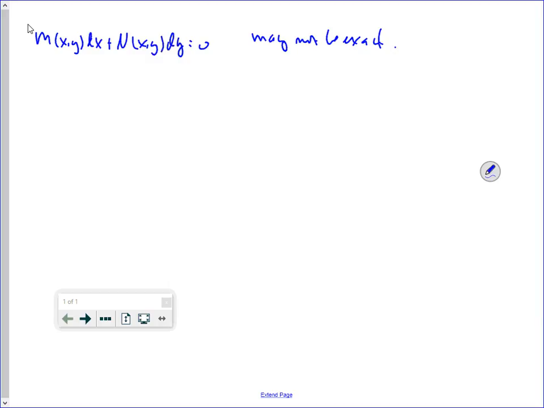But that doesn't mean that we're left in the lurch with no way to solve it. There may be an integrating factor, and we've already seen one type of integrating factor with the linear ones.